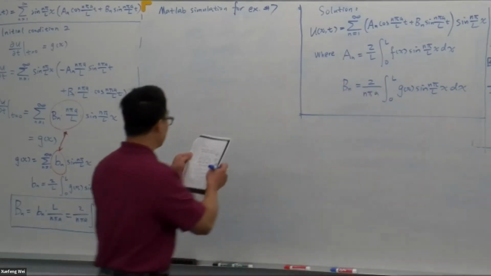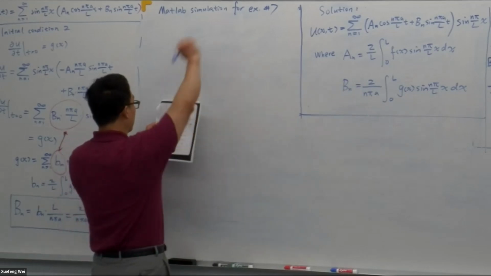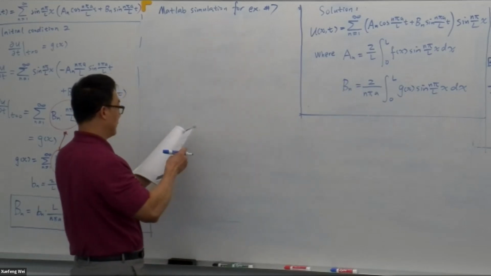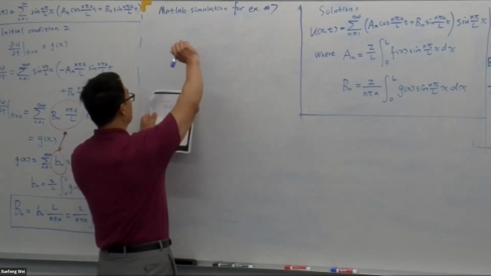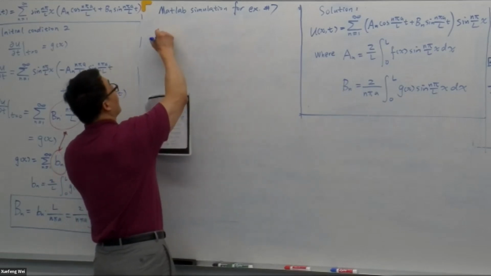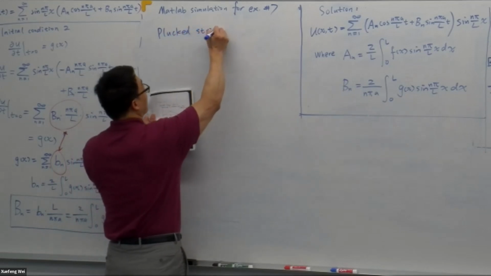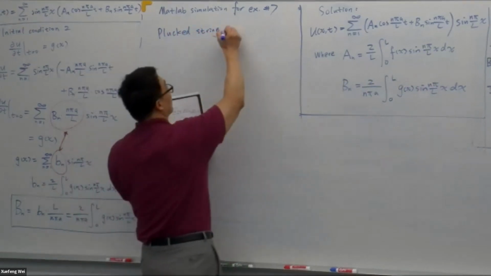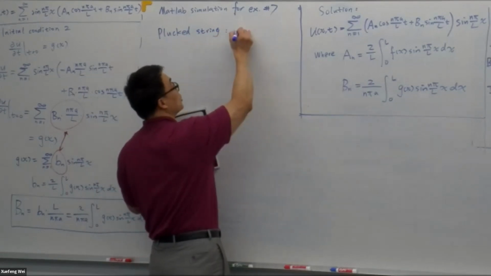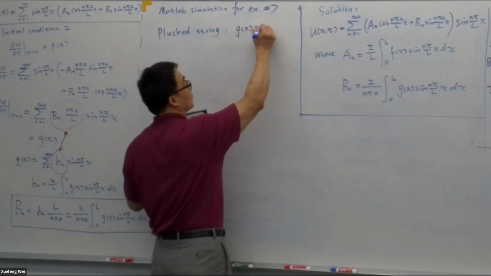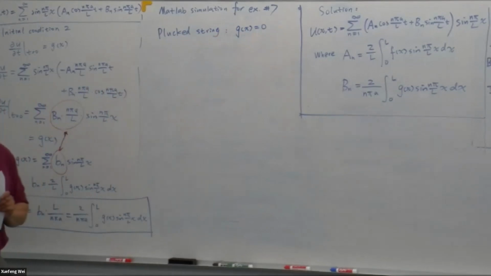Let's call this a plucked string. What is a plucked string? A plucked string is a special case of this when g(x) equals 0.